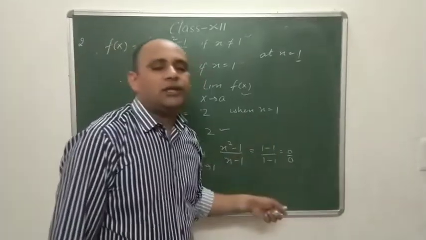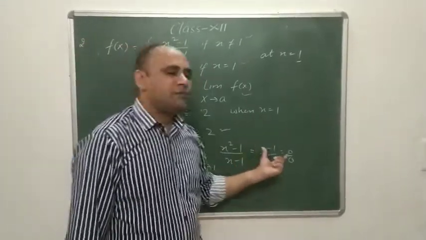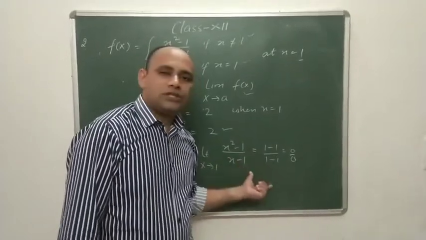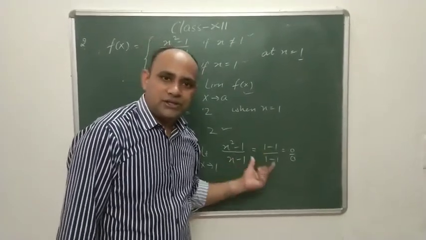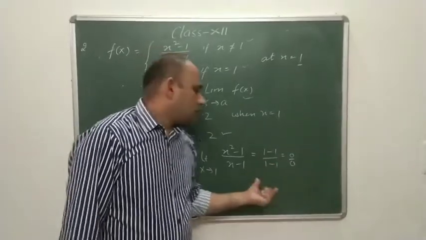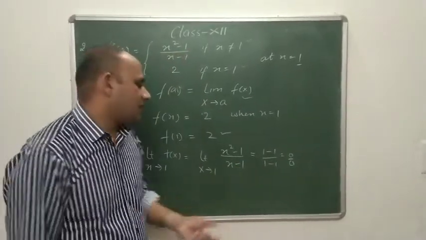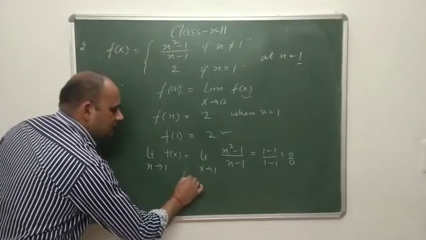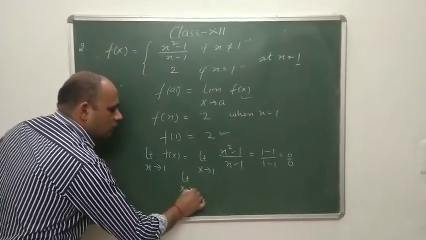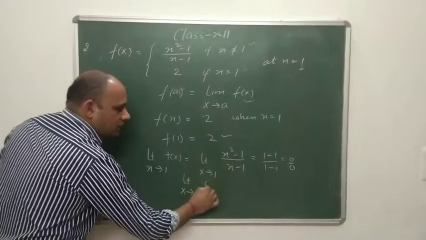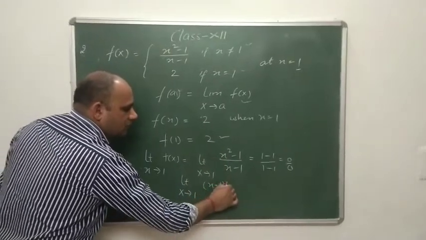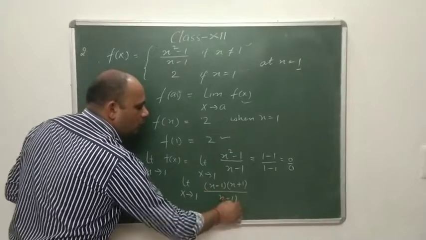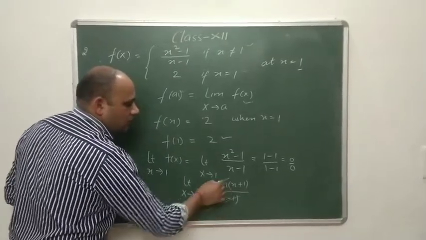So in such a condition, when the result is meaningless, we follow either factorization, rationalization, or a plus h, a minus h. So we make a factor: limit x tends to 1 of x minus 1, x plus 1 upon x minus 1. Both cancel.